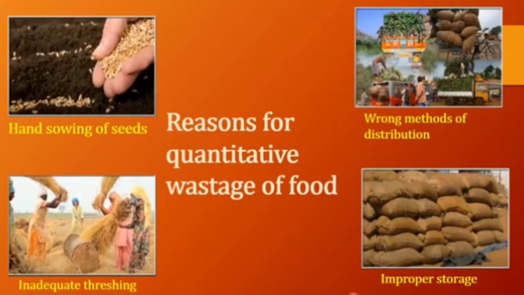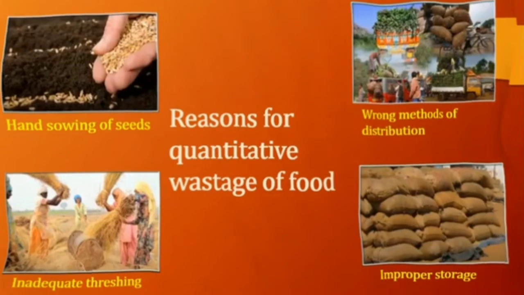So these are the reasons for quantitative wastage of food: hand sowing of seeds, wrong method of distribution, inadequate threshing, and improper storage.